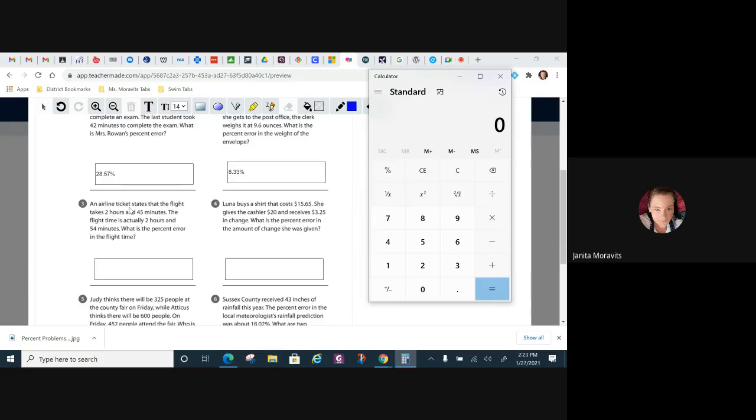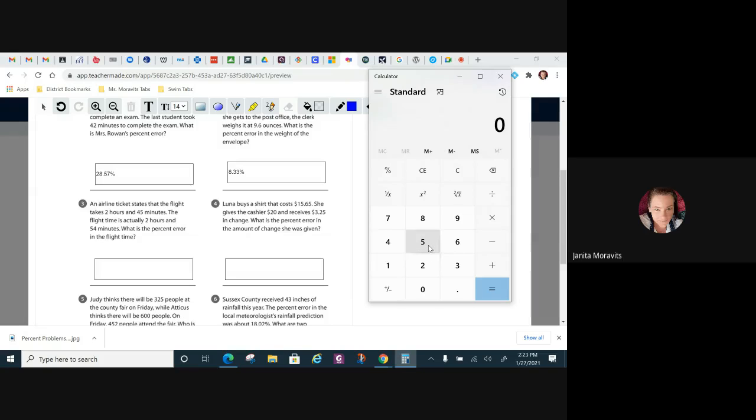It says an airline ticket states that the flight takes 2 hours and 45 minutes. The flight time is actually 2 hours and 54 minutes. Now, you can find the difference since they both were 2 hours, and then it's your minutes that are different.